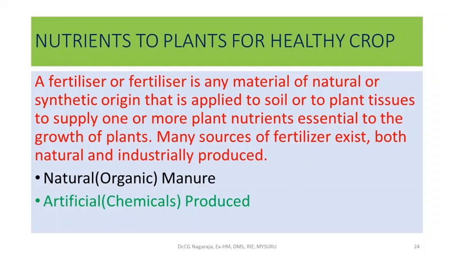Manure is called the natural one. Natural manure is taken from dead and decaying matter. That's called organic manure. Artificial manure is made using chemicals. It is normally called fertilizers. Both are used in plant protection and plant growth.